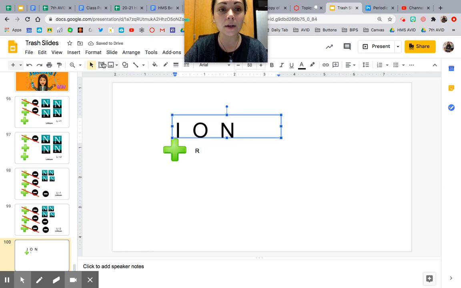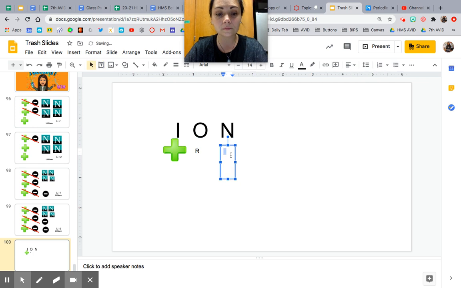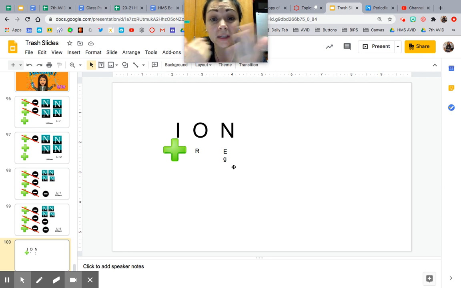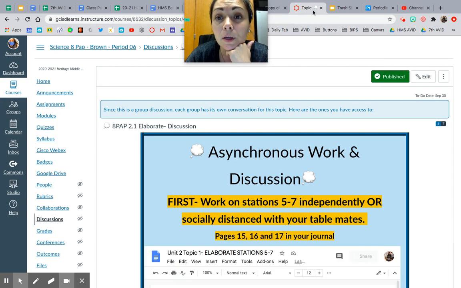And then I think of the letter N as the word negative. So I remember that an ion is either plus or negative, and you can't change the number of protons. Why? Because it's the element's identity, its fingerprint. The only thing you can change is electrons, and gaining or losing electrons is going to make your charge positive or negative. So isotope, neutron, 7 and 7.